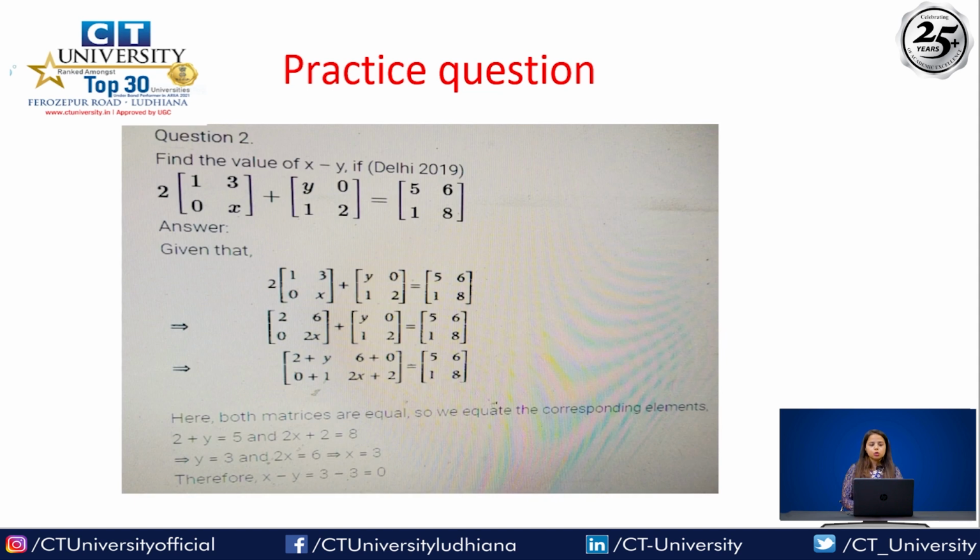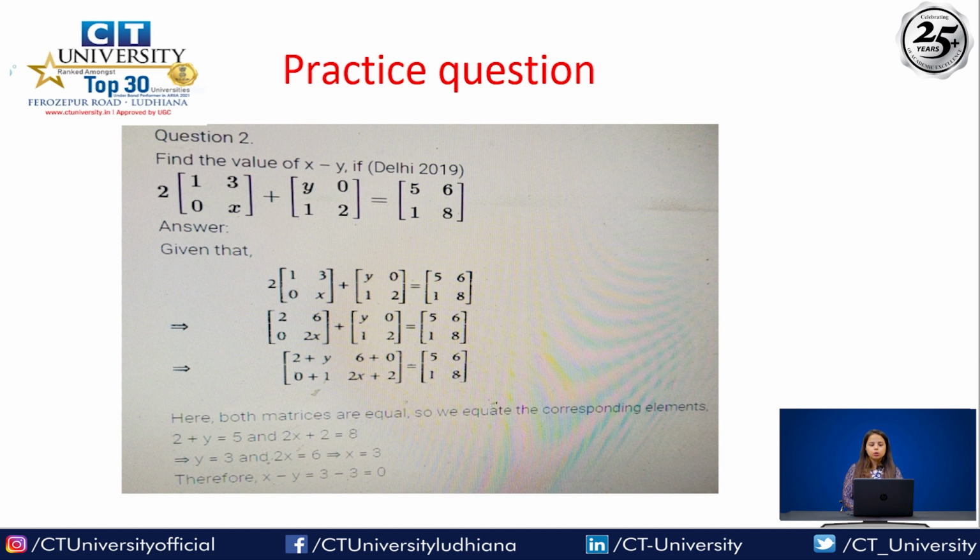Now your practice question 2, you have to find the value of x minus y if you have this equation, that is 2 1 3 0 x plus y 0 1 2 is equal to 5 6 1 8. This is your equation, and you have to find the value of x minus y.